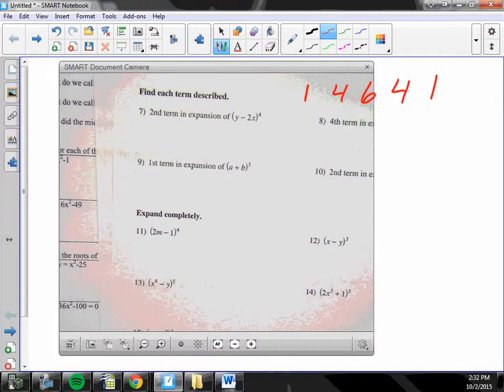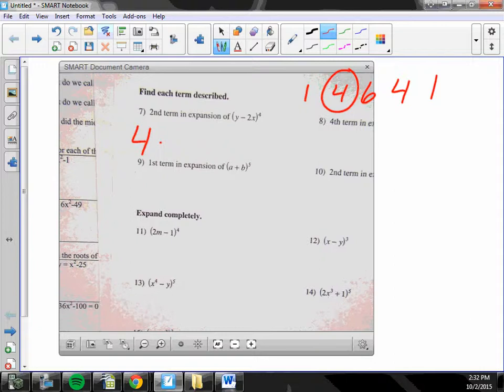The second term would be a 4. So 4 times y to the... Why do I need to do y to the fourth this time? It asks for the term, not the coefficient. So it doesn't want to know what is the number in front of the variables. It wants to know the entire term.